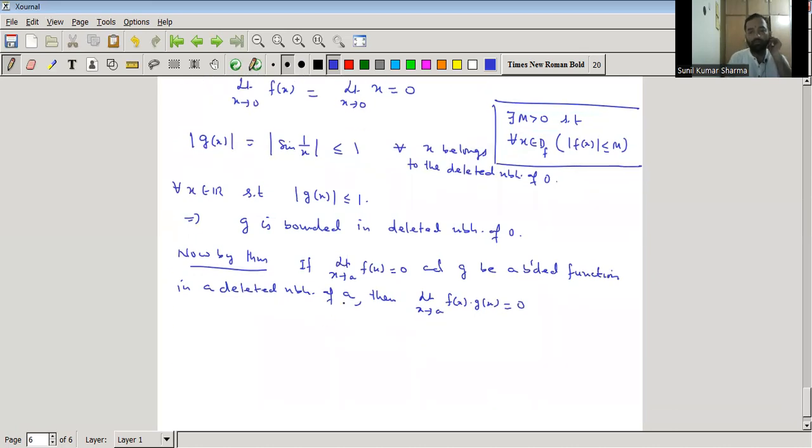So the limit is equal to 0. We can use this theorem. So we can write limit x goes to 0 of x into sine 1 upon x: f(x) is x, g(x) is sine 1 upon x, and that is equal to 0.